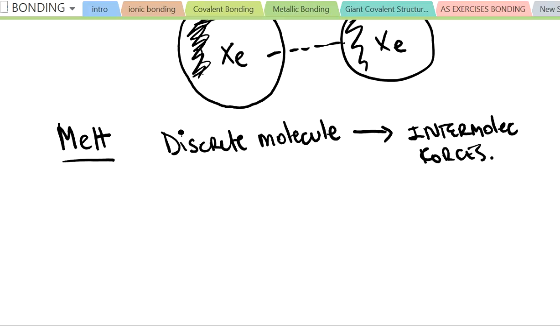If I need to melt a metal, what are the forces that I need to overcome? Do we have covalent bondings there? Do we have ionic bondings there? We have metallic bonding, yes?